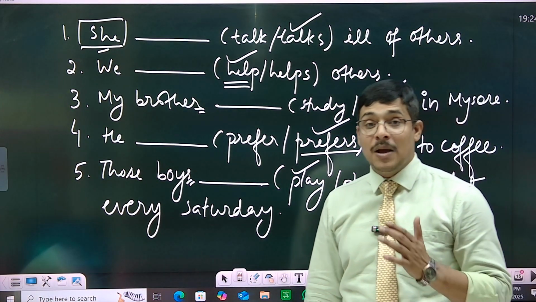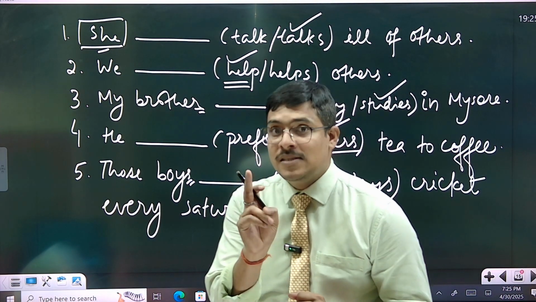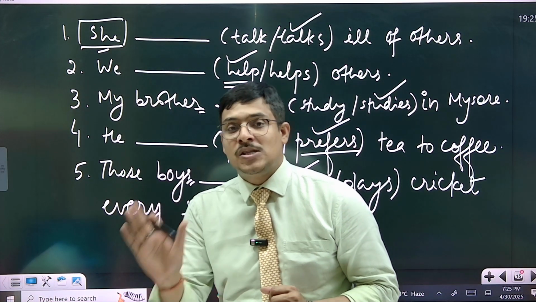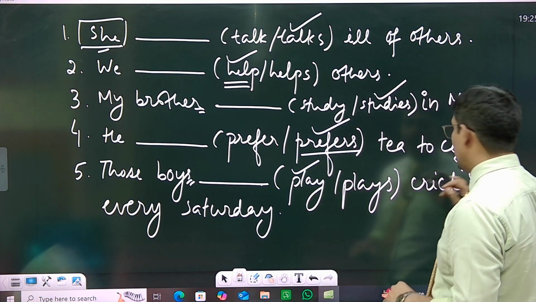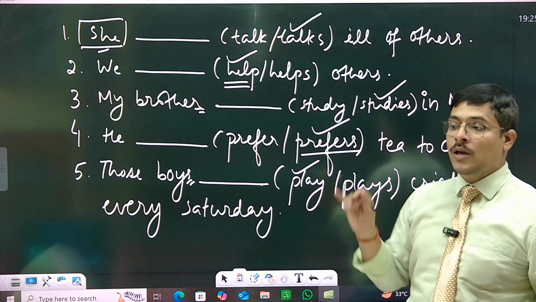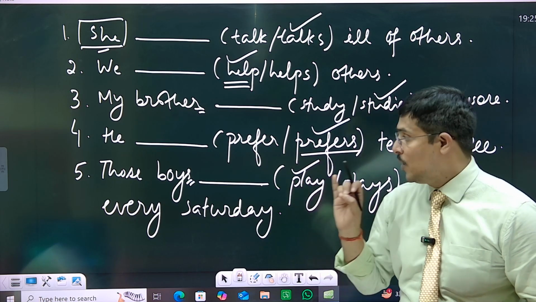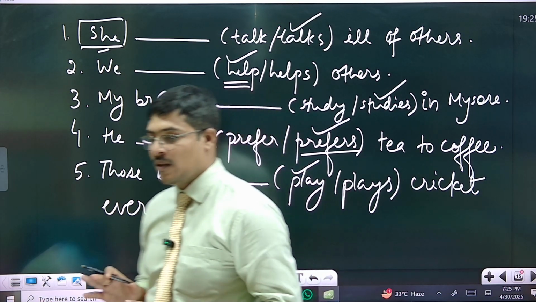Negative. My brother does not study, not studies. My brother does not study in my school. Those boys play cricket every Saturday. Negative will be those boys do not play cricket every Saturday. I hope it makes sense to you.